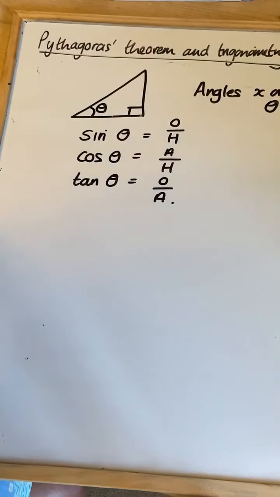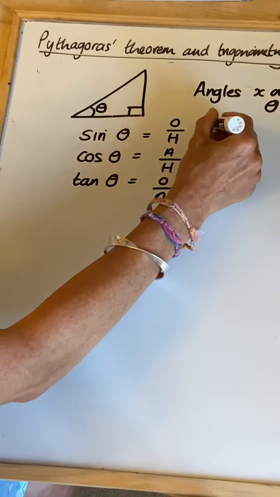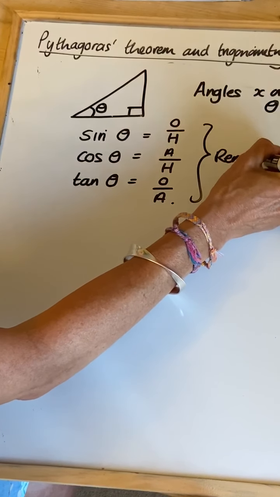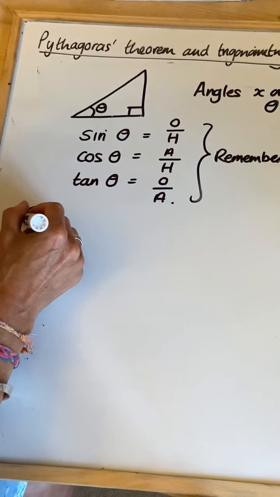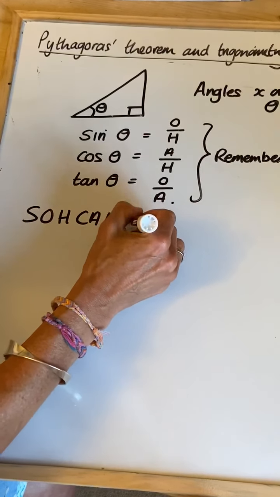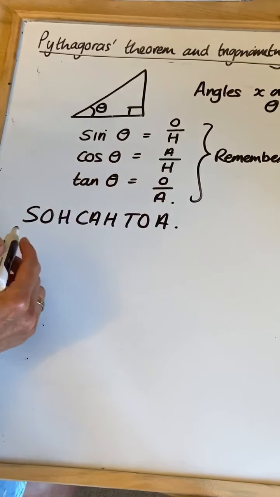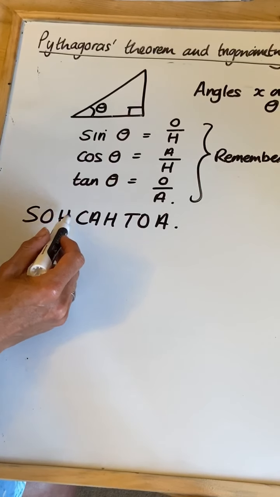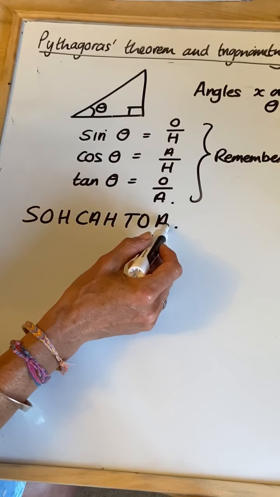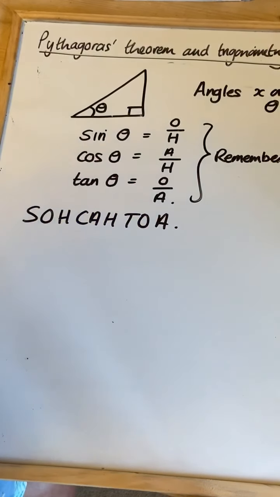Now the key thing is to remember these, and some people remember them by using SOH CAH TOA. Sine is opposite over hypotenuse, cosine is adjacent over hypotenuse, tangent is opposite over adjacent. That may help you to remember.